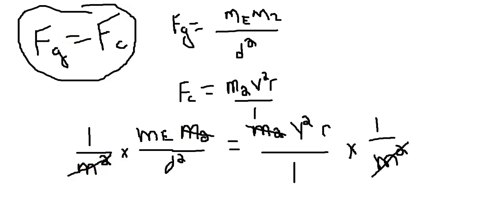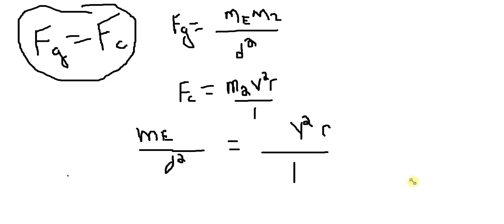And what we're left with then is the following. Well, these cancel out. Now we're left with this equation here, and I'll get rid of this little fractional thing over 1 just to make it look normal.